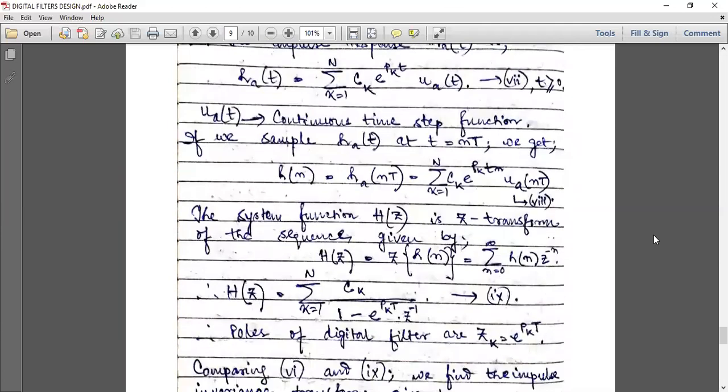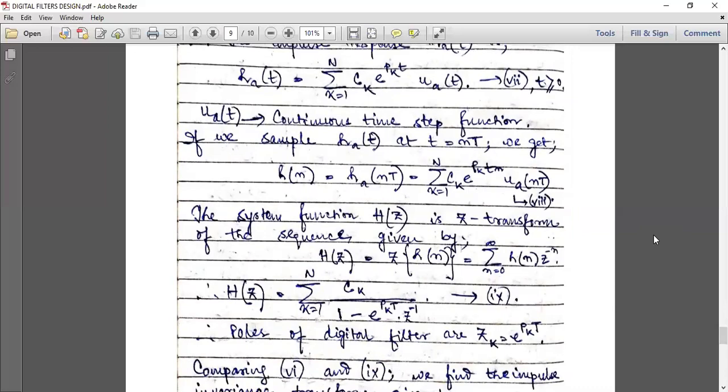Now the system function H(z) is the Z transform of the sequence, H(z) equal to Z of h(n), which is equal to summation of n equal to 0 to infinity h(n) into z to the power minus n. That you know already. We have completed the Z transform chapter previously.